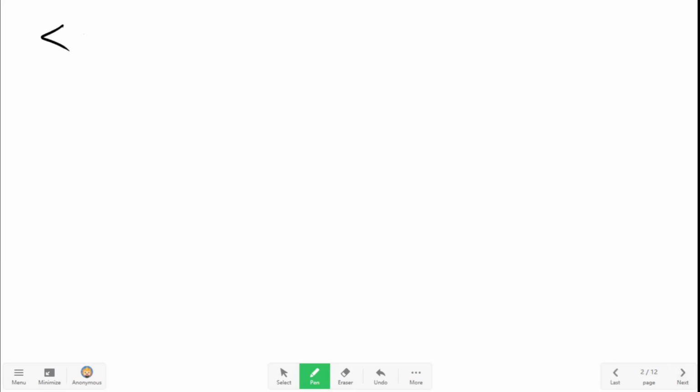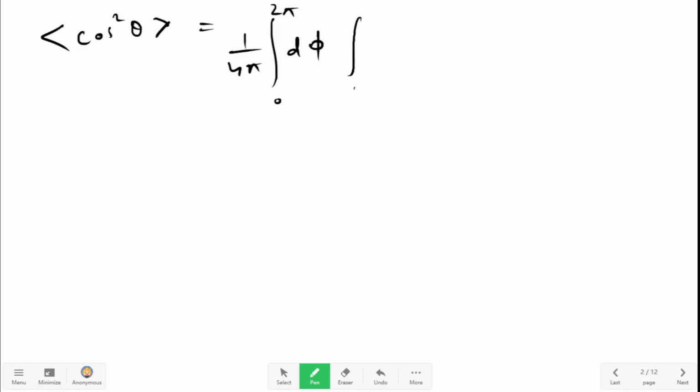Now let us calculate the average of cos square theta. This is equal to 1 by 4 pi outside, integral 0 to 2 pi d phi. There is no dependence of cos square theta on phi. Then integral 0 to pi cos square theta sin theta d theta.